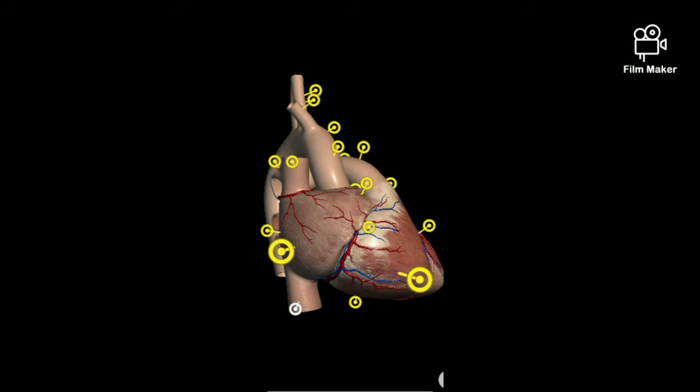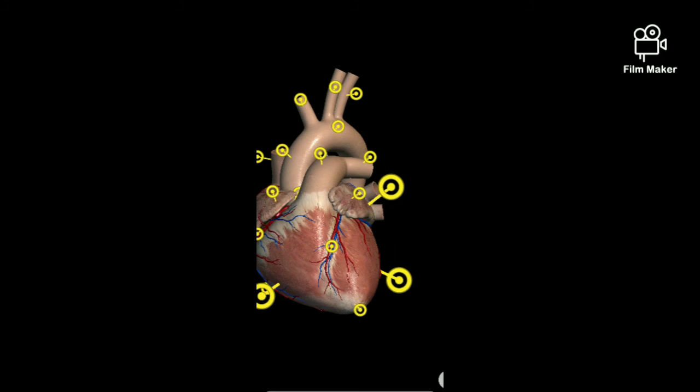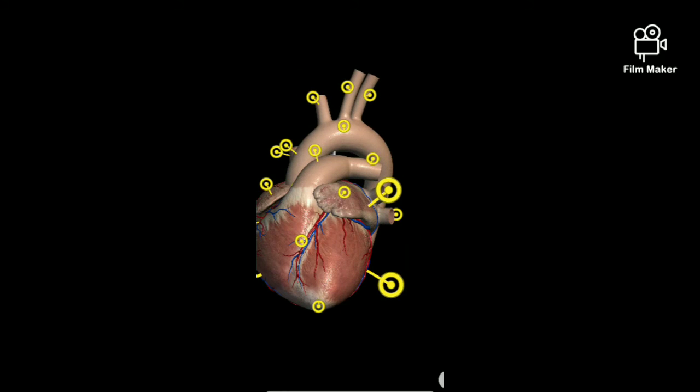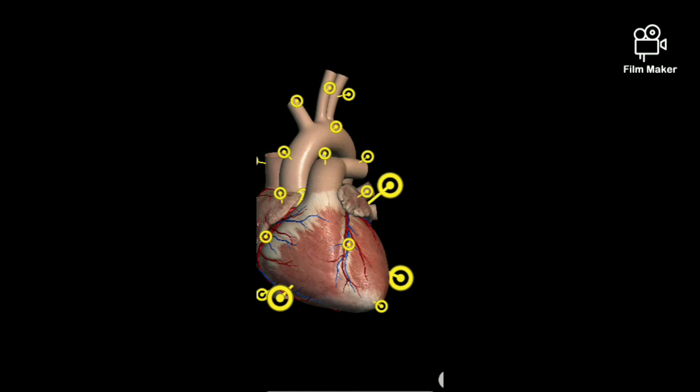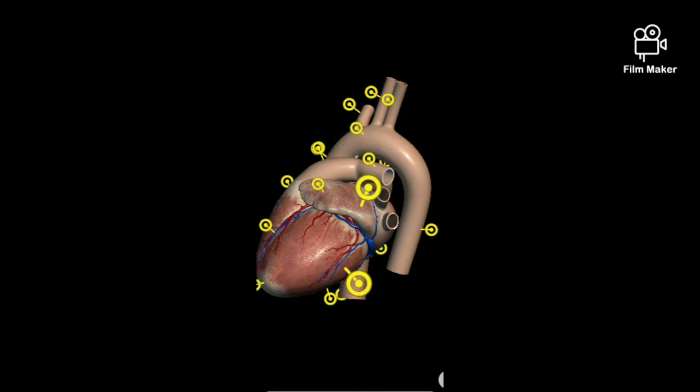Now comes the topic of the conducting system of the heart. The cardiac conducting system is the collection of nodes and specialized conduction cells that initiate and coordinate the contraction of the heart muscles.